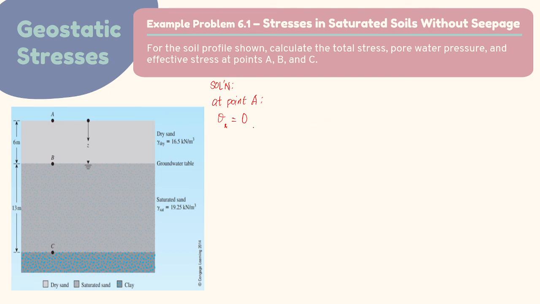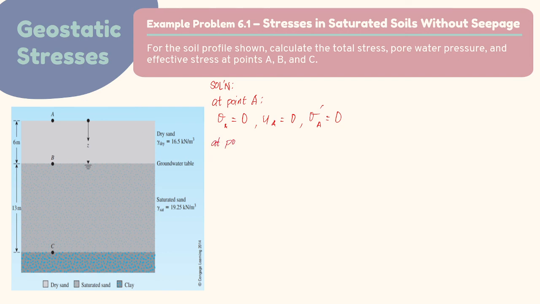And similarly, the pore water pressure at point A is equal to 0. And so therefore, our effective stress at point A is also equal to 0. How about for point B?